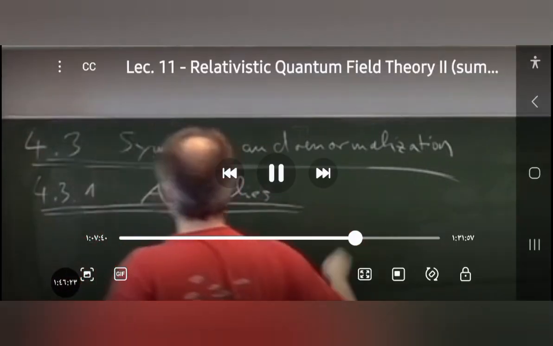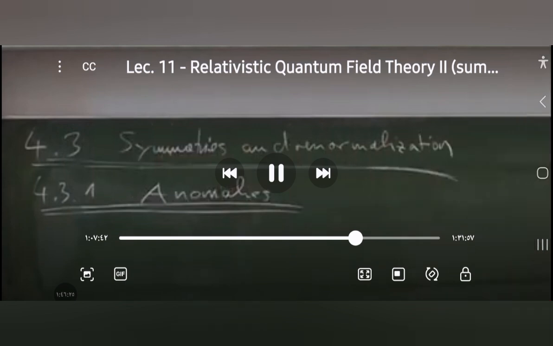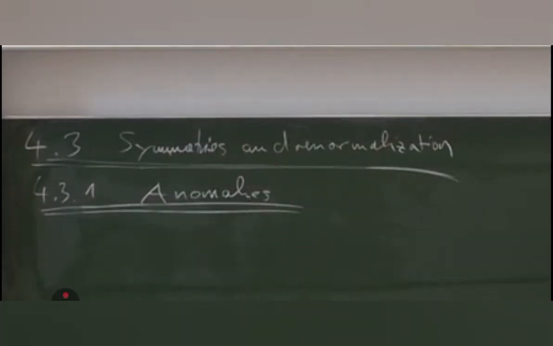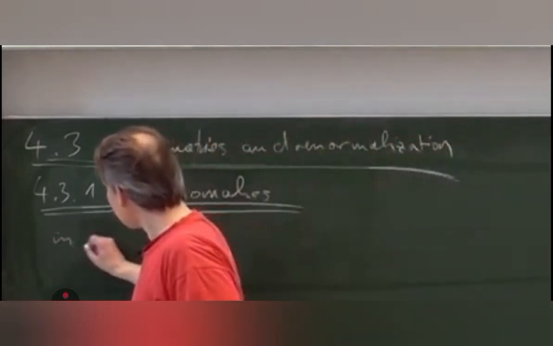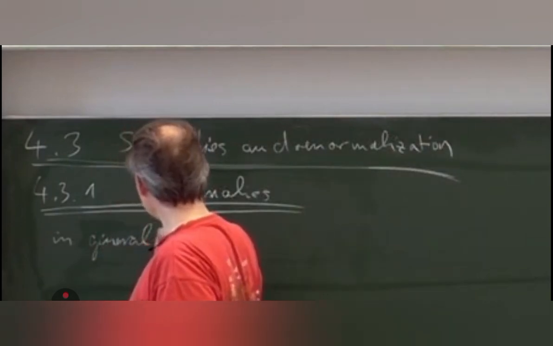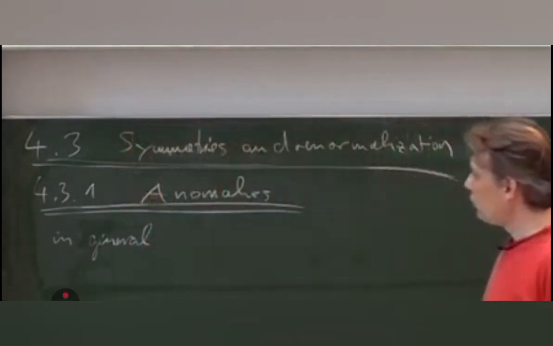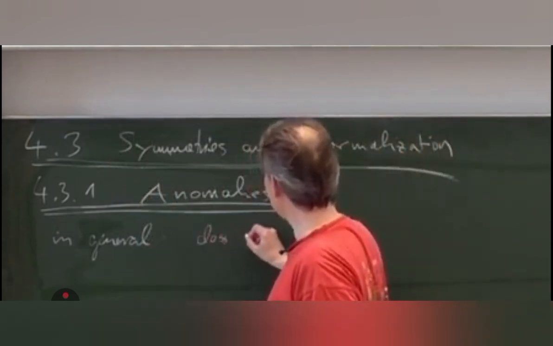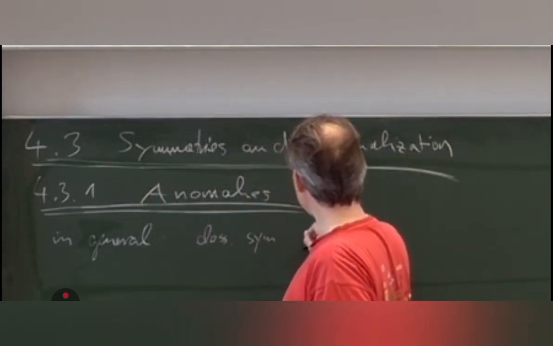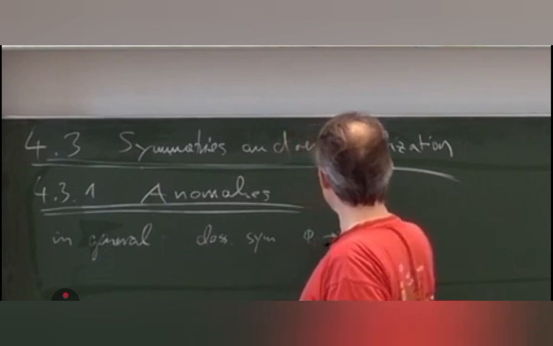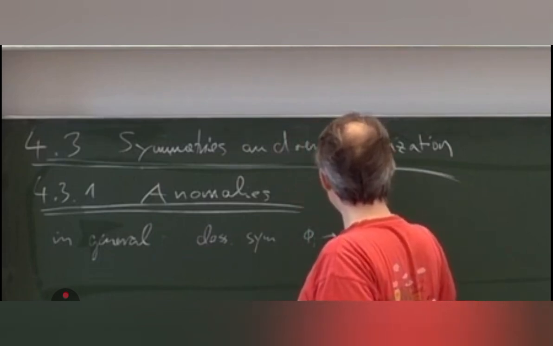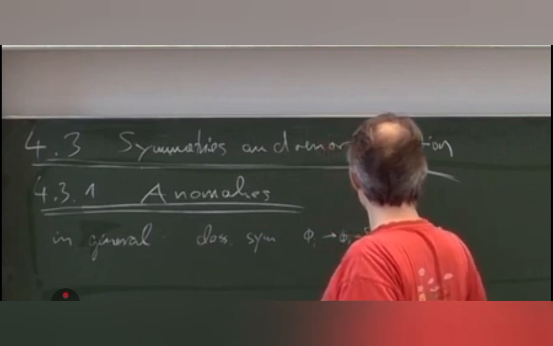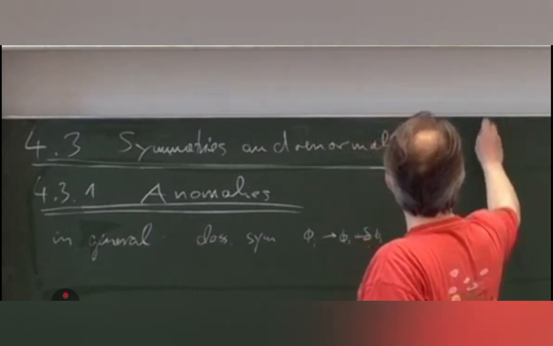Let us begin with this interesting point of the potential for anomalies, symmetry breakings by quantum effects. In general, if you start with a classical theory, you have a classical symmetry, phi_i goes to phi_i plus delta phi_i, and the classical Lagrangian or the classical action stays invariant.